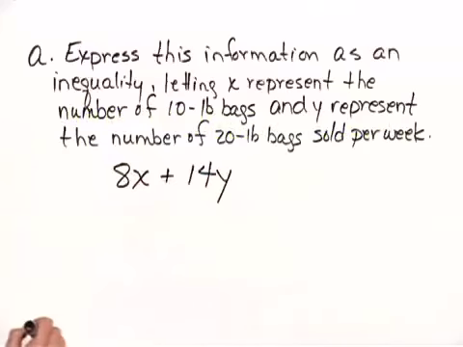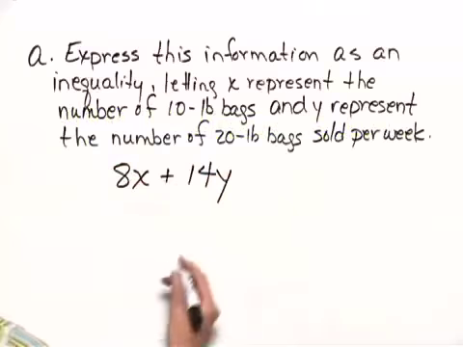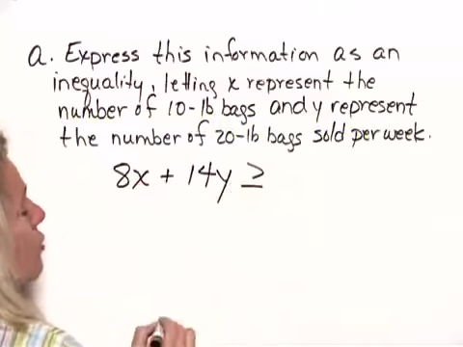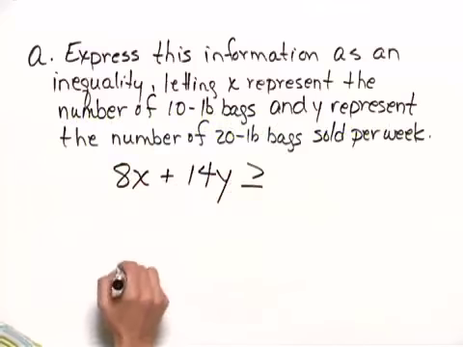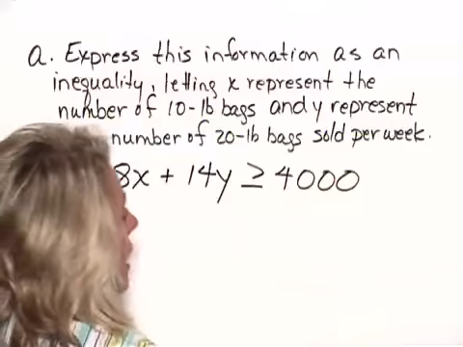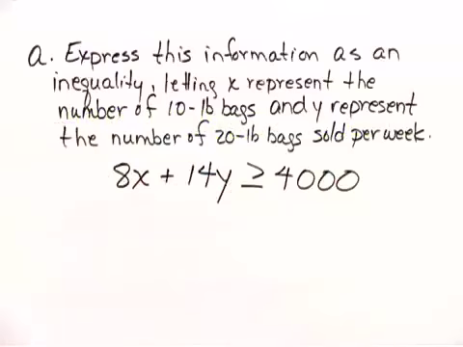Now the farm wants to bring in at least $4,000, so the inequality symbol will be greater than or equal to, and then 4,000. Now let's look at how we would graph this inequality.